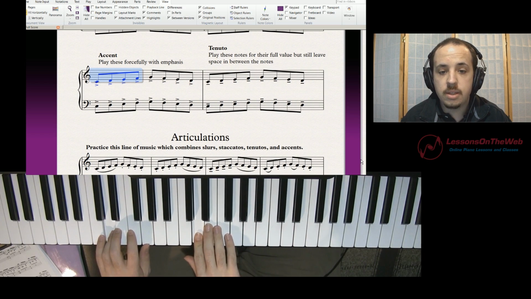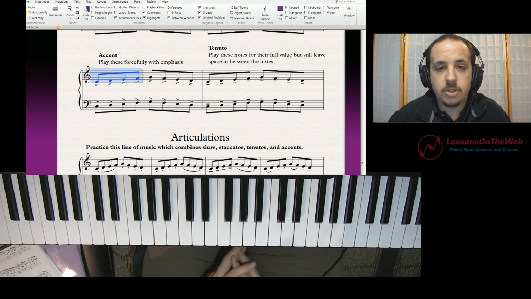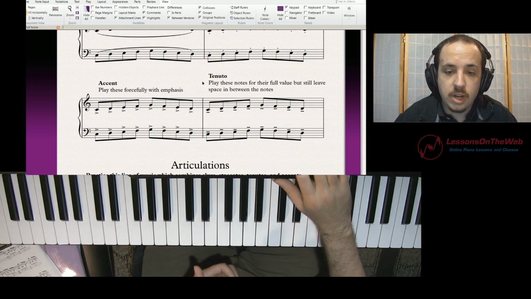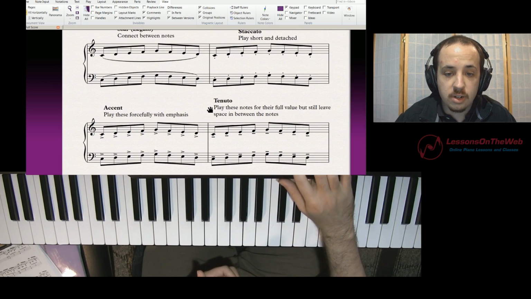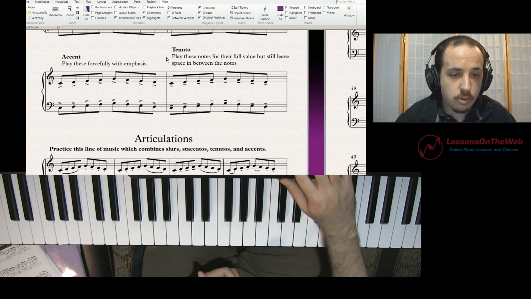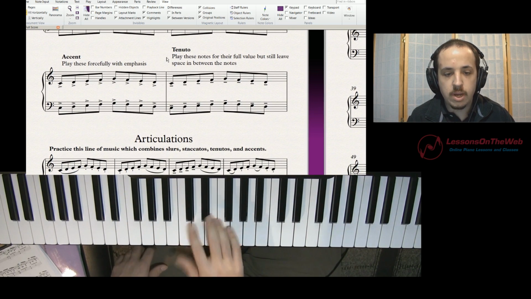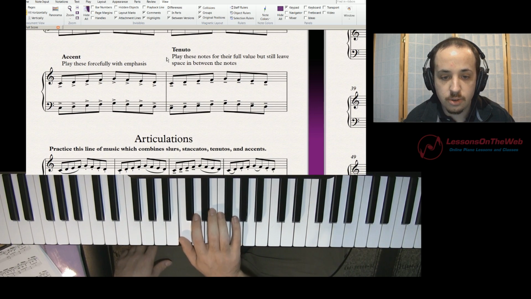And then the last one, the tenuto, we haven't talked about much at all. With this one, you're holding these notes for the full value, but you're not playing them forcefully like we did before. And you're not playing them connected like you do with the legato or the slur. Tenutos you play, well, I accidentally played that accent, so you just go, wait.